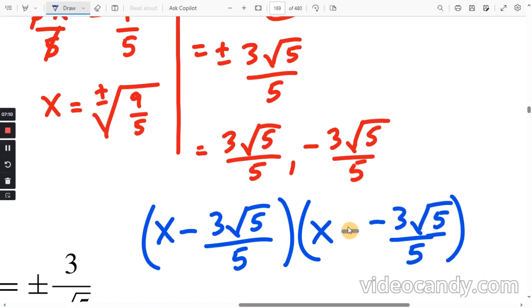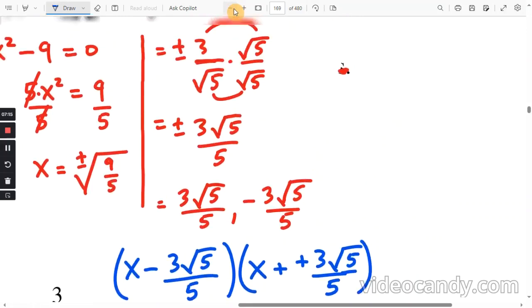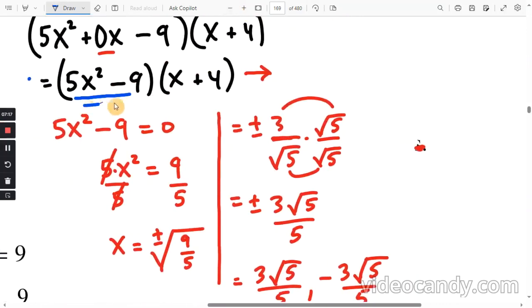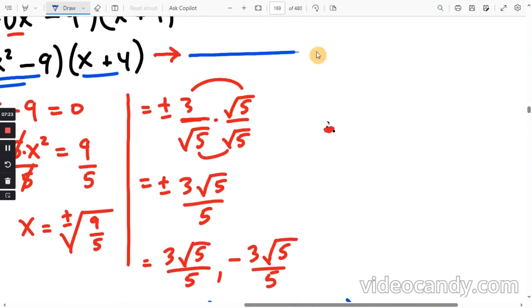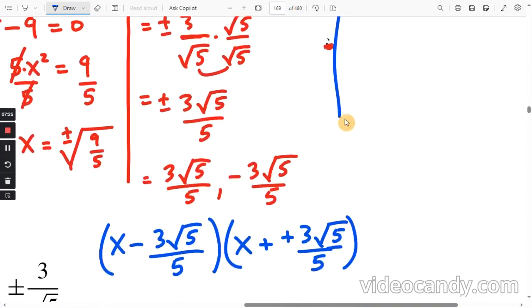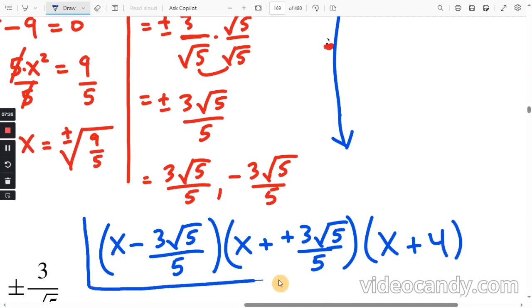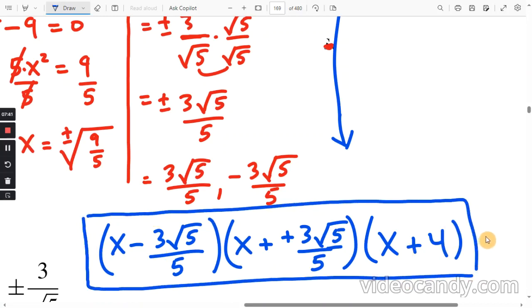But of course, the two negatives just make it positive. And what was the other term that we had? We broke up this here, and we're left with the x plus 4. All right, so this has to come down here. And we still have x plus 4. So this right here is your final answer in factored form.